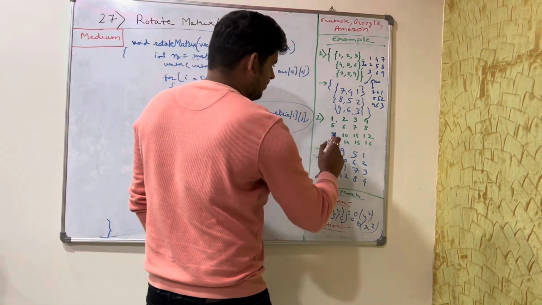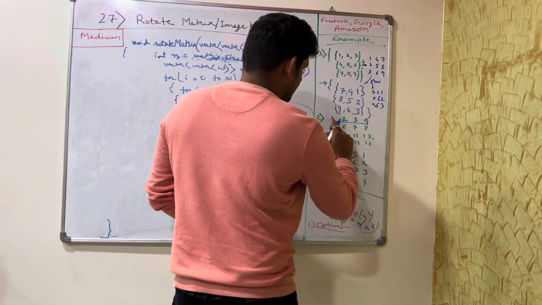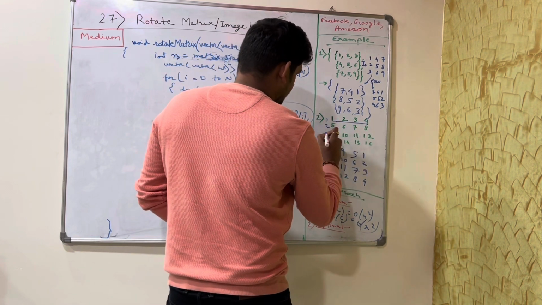For this one also, if I transpose it, the row 1, 2, 3, 4 will become 1, 2, 3, 4 as a column, right?